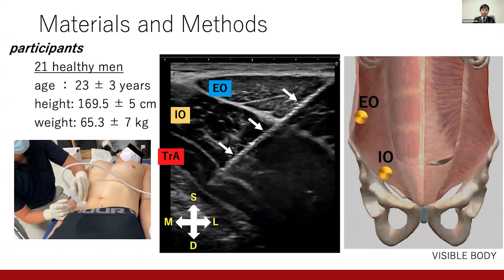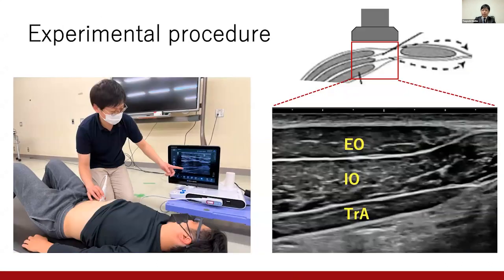Fine wire electrodes were applied to the TRA, and surface electrodes were applied to IO and EO. Before the experimental trial, two physical therapists instructed the participants in isolated contraction of the TRA while showing them the screen of the ultrasound imaging. We confirmed that the isolated contraction of the TRA could be performed on the ultrasound imaging.